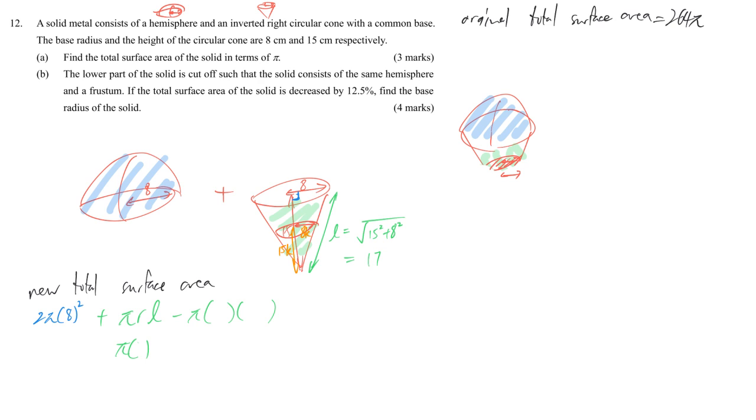The original base radius is 8 while the original slant height is 17. Now we subtract this part. The base radius is 8k, while we don't know what k is yet. And the slant height here, for a similar reason, is 17k.